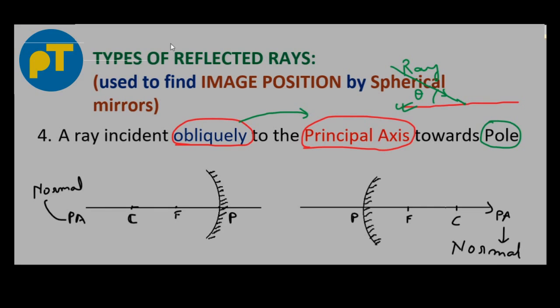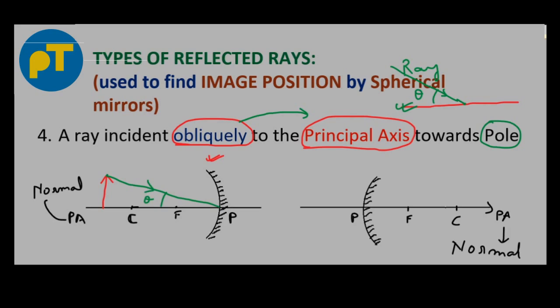Alright, so let's take an example. In case of a concave mirror, let's say we have an object here. Not necessarily do we have to take an object, but I'm taking it, and let's say a ray of light from this point. Let's consider the ray of light which is incident at the pole. Now this is making a certain angle, so it is coming obliquely.